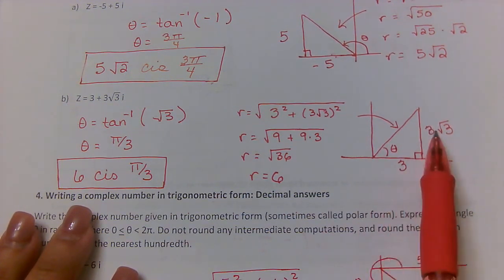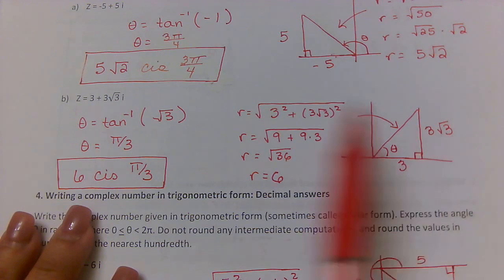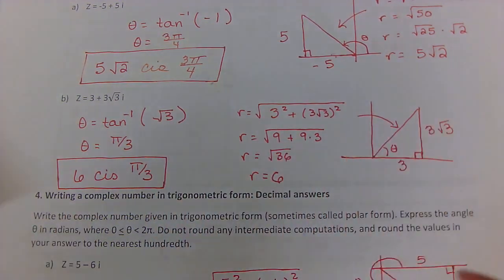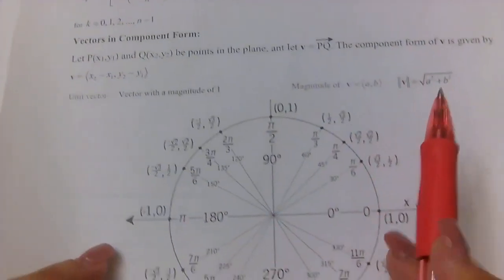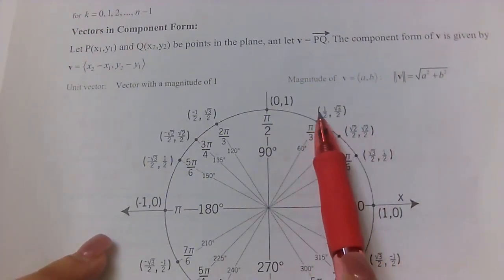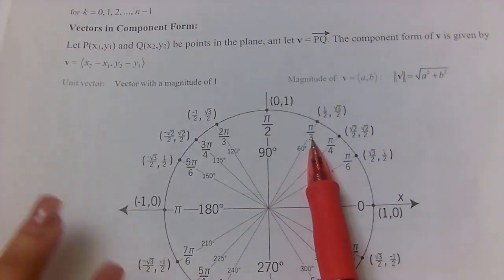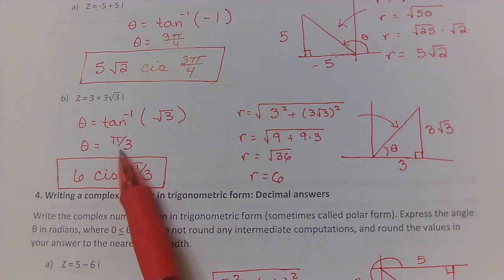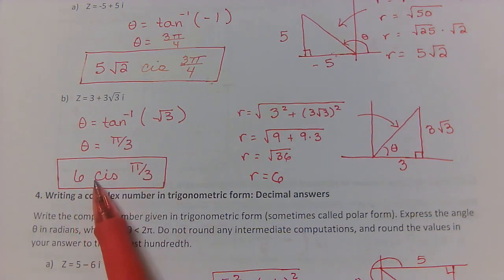The 3's cancel out, so I'm left with just the square root of 3, which I have here. Okay, using quadrant 1, I went to the unit circle and found where tangent of theta is equal to the square root of 3. Which is going to be pi over 3, which I have here. Then you put it in polar form and you get 6 cis pi over 3.